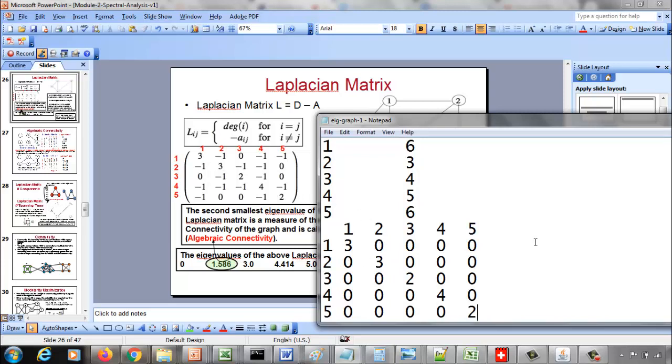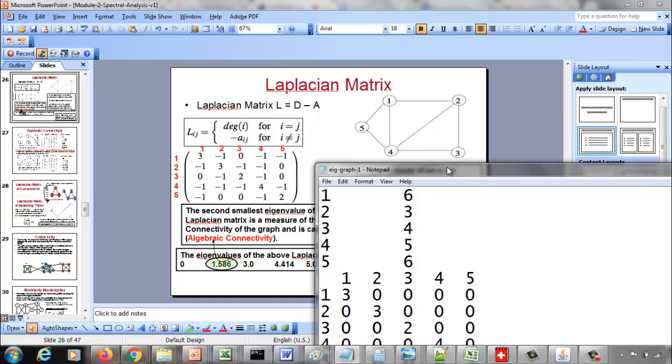Then 0 minus 1, because 1 and 2 have an edge between them, there is a 1 in the adjacency matrix. So 0 minus 1 is -1. Then 0 minus 0: 1 and 3 don't have an edge, so the adjacency matrix entry is also going to be a 0. So 0 minus 0 is going to be 0. 1 and 4 have an edge, so it's going to be 0 minus 1. The adjacency matrix has a 1, so 0 minus 1 is -1.